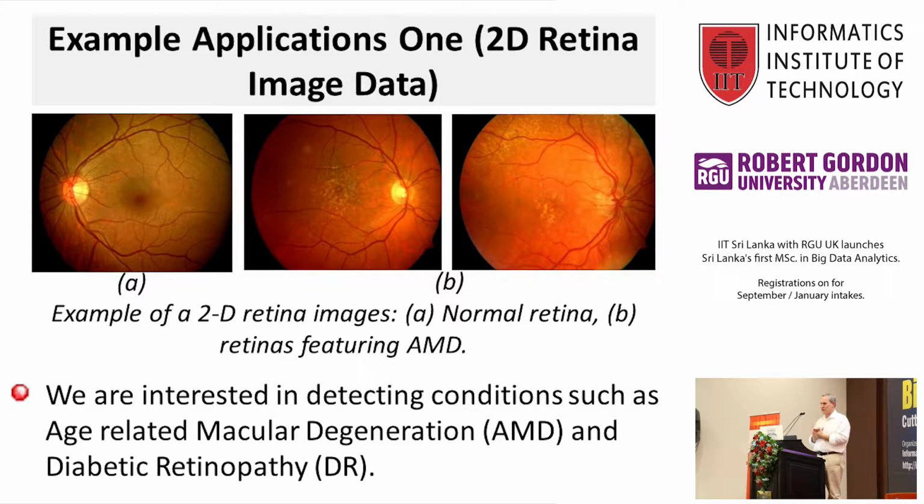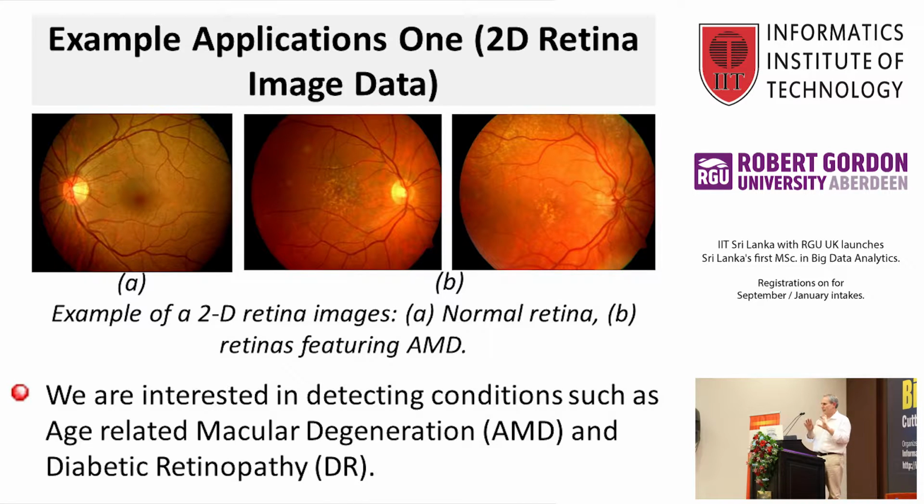So if you look at those images, the images on the right, it's quite difficult to see that there's very much difference between the image on the left. If you look at the image in the middle, there's some dots in the central area. Those are fatty deposits, which are indicators of age-related macular degeneration. The image on the right has also got some yellow dots towards the right-hand side, another indicator of AMD.